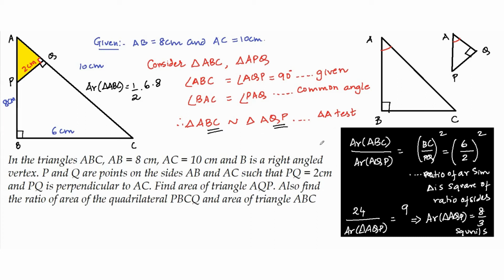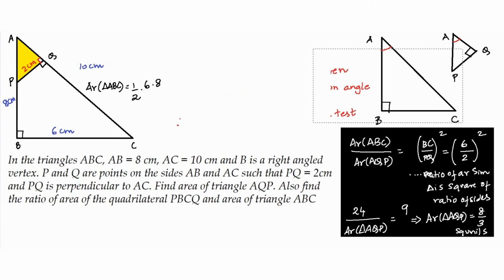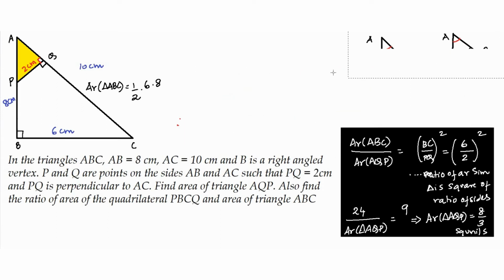Okay, so let's create some space. Now I am going to use the idea of area proportion. If you consider the complete area of the triangle, I know the complete area of the triangle is 24 square centimeters.